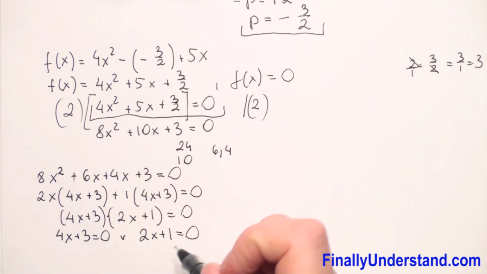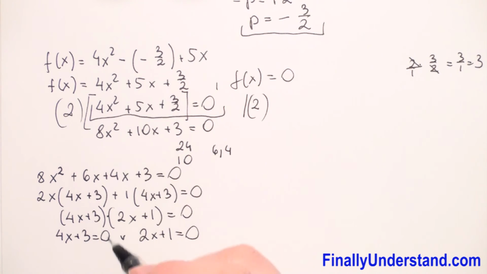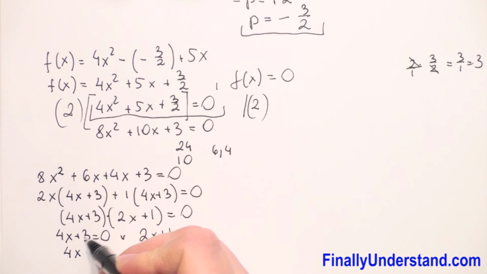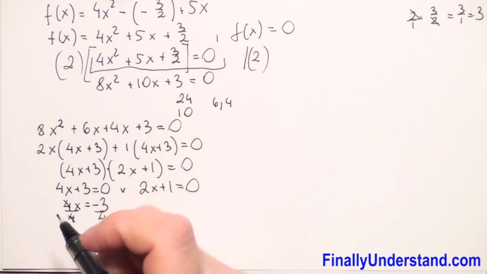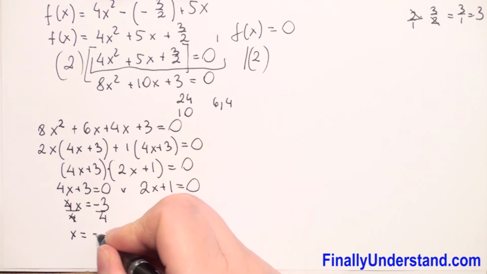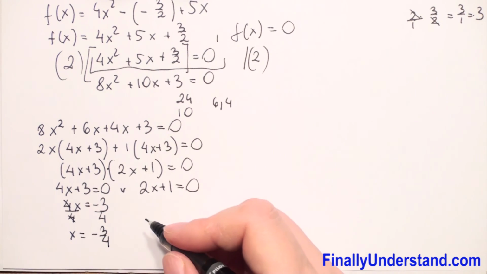So we have to solve two linear equations. 4x I leave on the left side, 3 I move to the right side, so it will be negative 3. Now I divide both sides by 4. 4 and 4 reduce, so we have x is equal to negative 3 over 4.